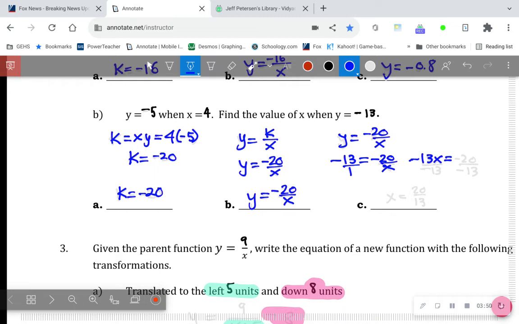And then 1 times negative 20 in the other direction. Divide both sides by negative 13 here. And other than crossing out the negative signs, we're done. Negative over negative is positive. So 20/13 is the value of x when y is equal to negative 13.